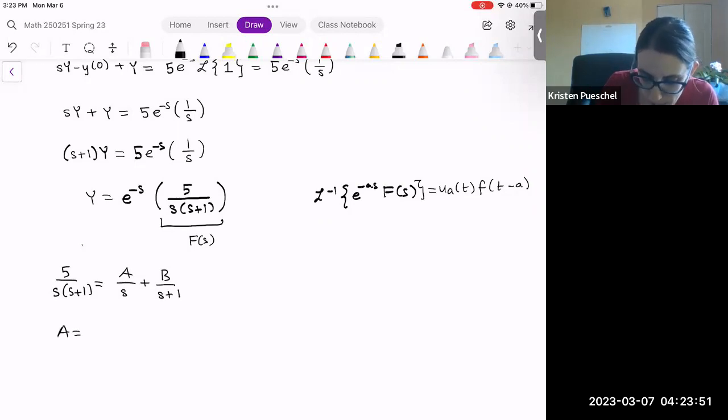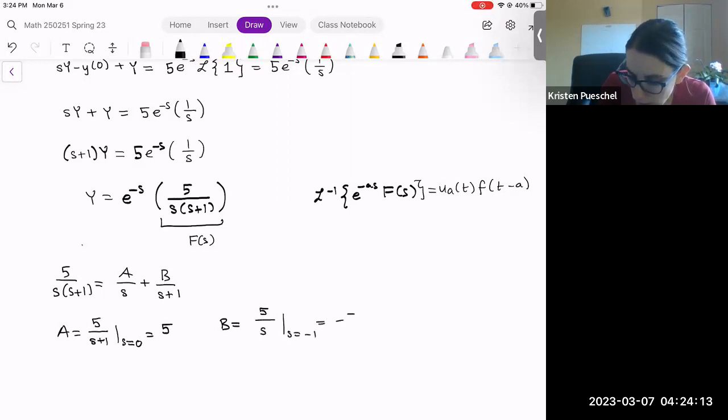So we can use cover-up method here. A is going to be 5 over s plus 1, evaluated when s equals 0. So this is just 5. And B is going to be 5 over s, evaluated where s equals negative 1.